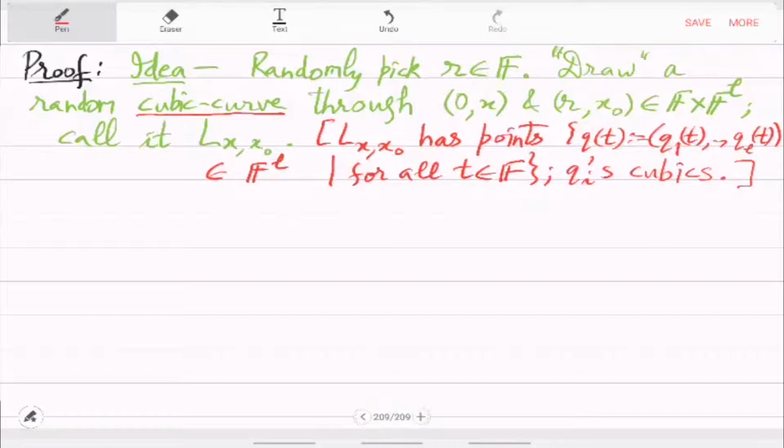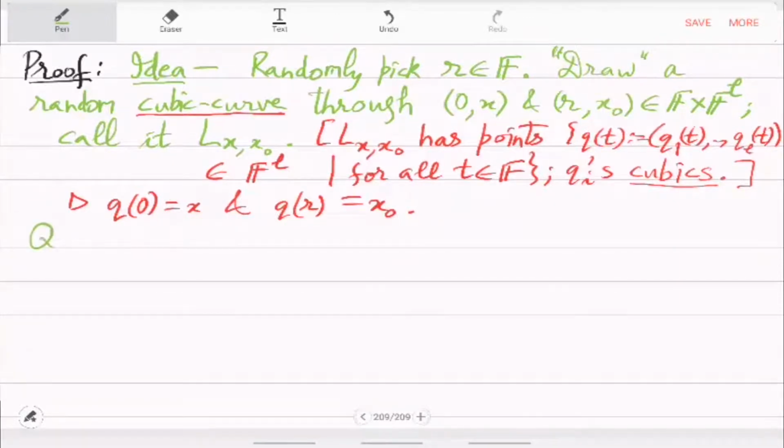Okay, so in this space you have drawn this parametrized cubic curve. It is parametrized by t and t takes all the values in the finite field. And q0 is x and qr is x0. Remember this, which is why we say the cubic curve is passing through x and x0.